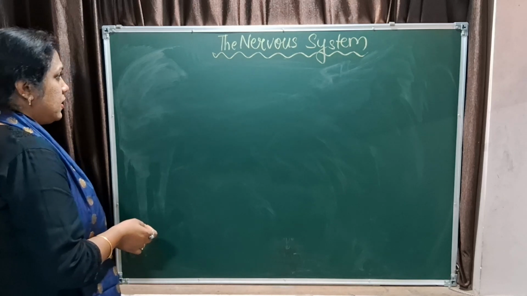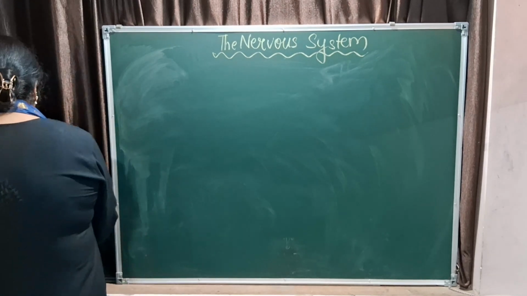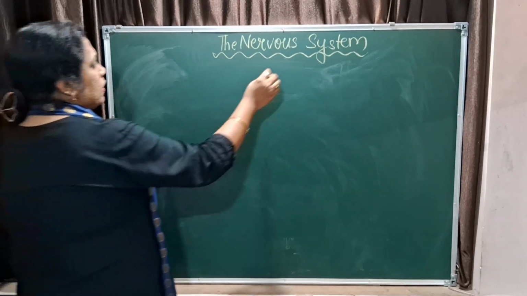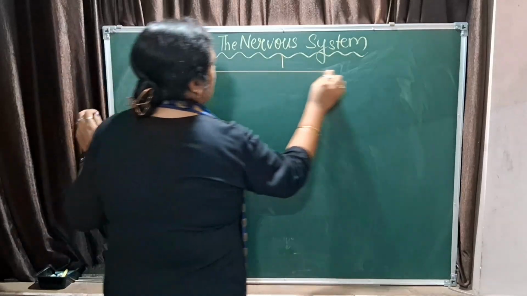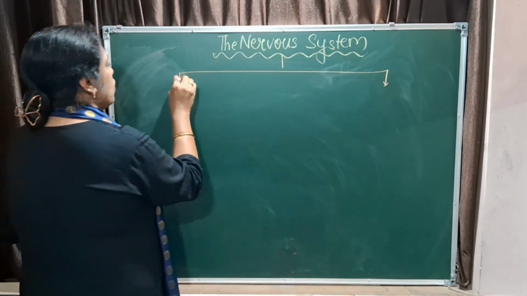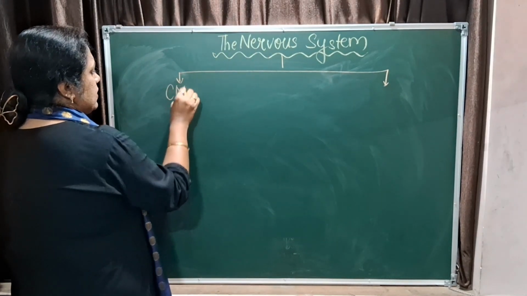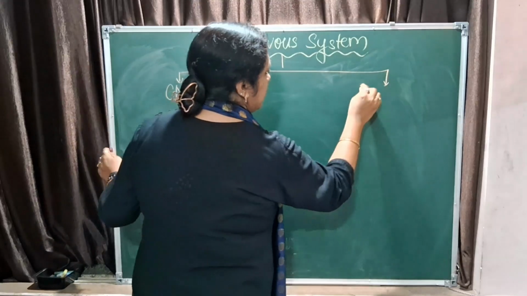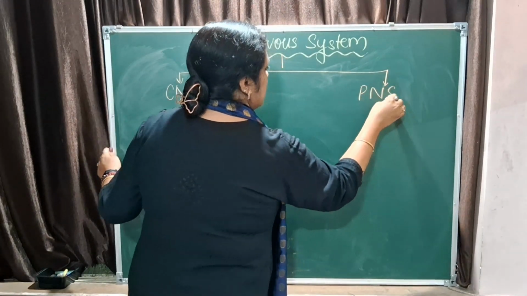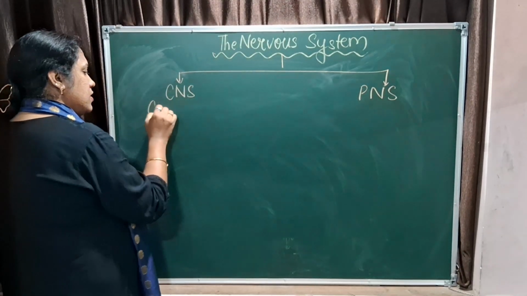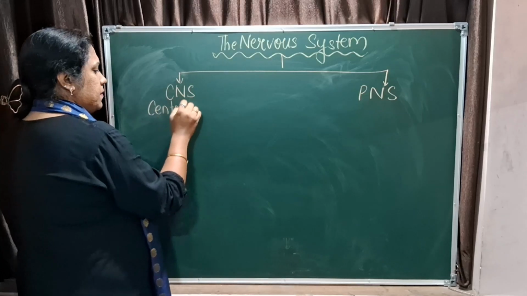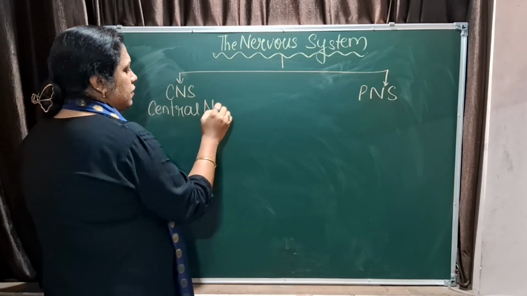So, now let us understand about the nervous system. The nervous system basically is of two types. You can say two components. One is CNS, one is PNS. CNS is the central nervous system.